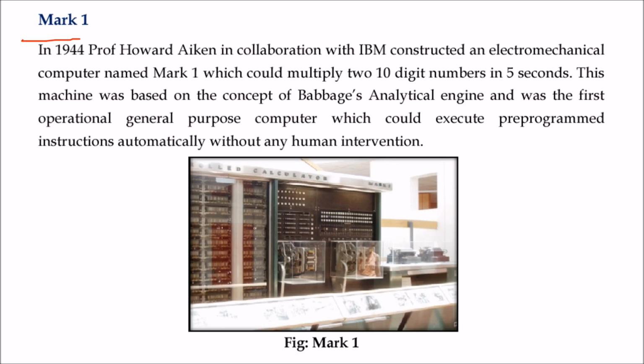Mark 1. In 1944, Professor Howard Aiken collaborated with IBM. IBM we already know, this company is a giant in making all kinds of computer equipment. IBM constructed an electromechanical computer. He named it Mark 1.